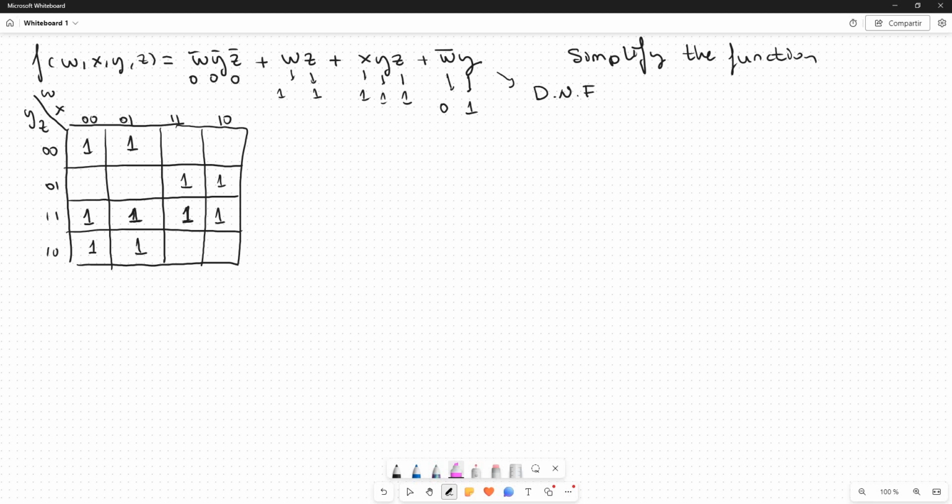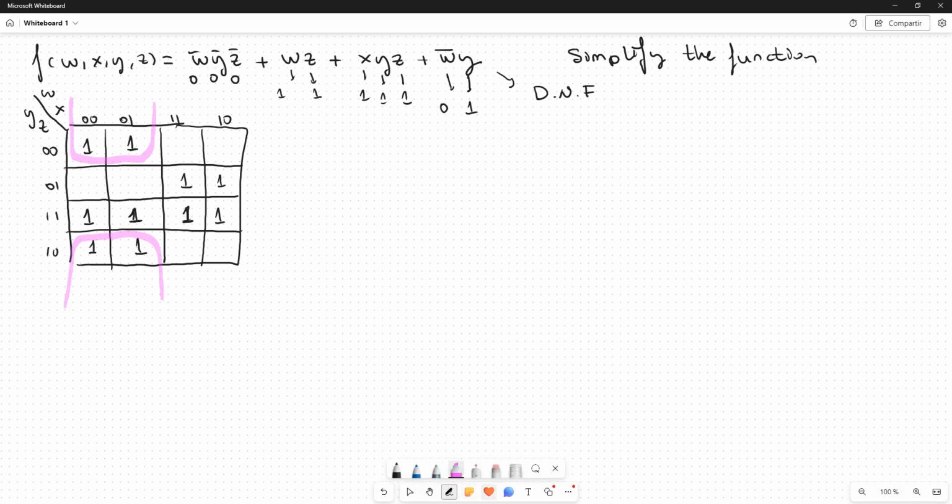So if we look here in the upper part, we have these 2 ones. These 2 ones can be covered by a 4 cells prime implicant. Remember that we can wrap the Karnaugh map like a sphere. So we can group these two ones with these 2 ones. So we have a 4 cells prime implicant.